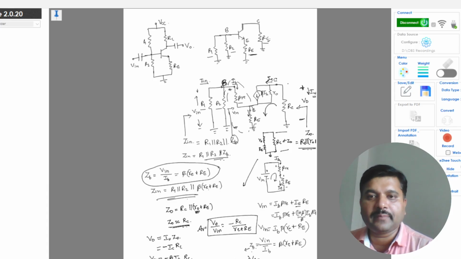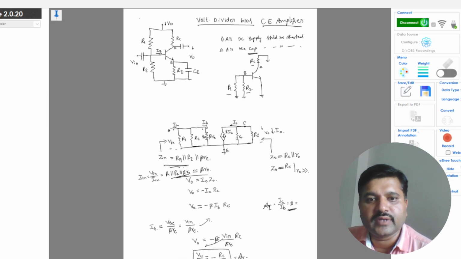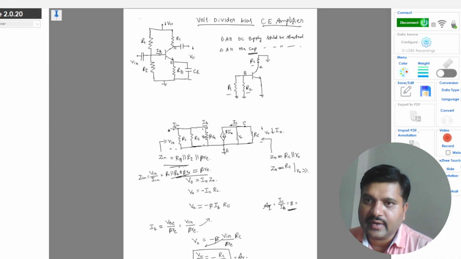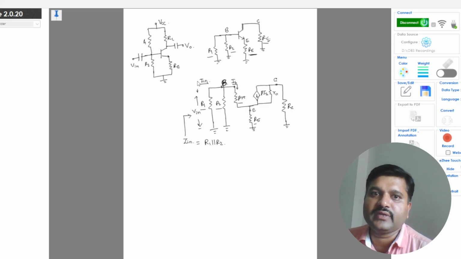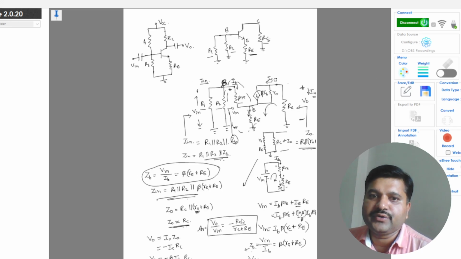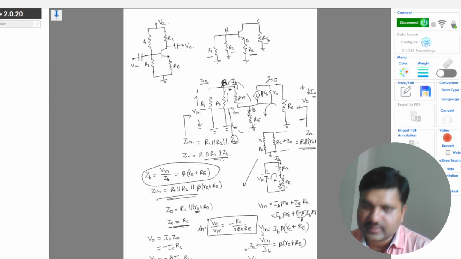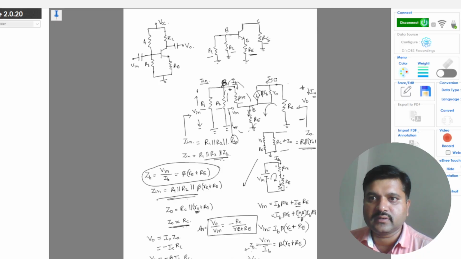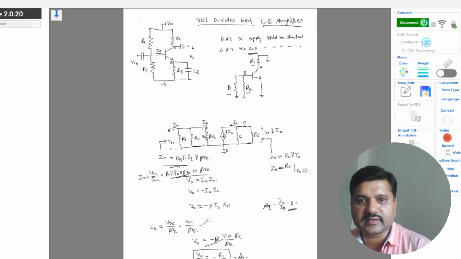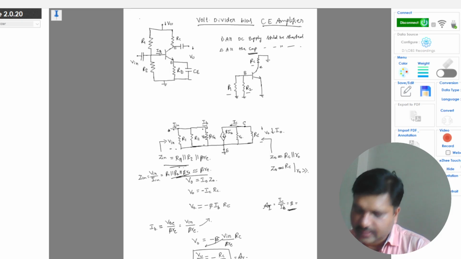If you compare with the previous voltage gain with bypass, the gain is minus RC by re, whereas here in the without bypass capacitance circuit you have gain minus RC by re plus capital RE.